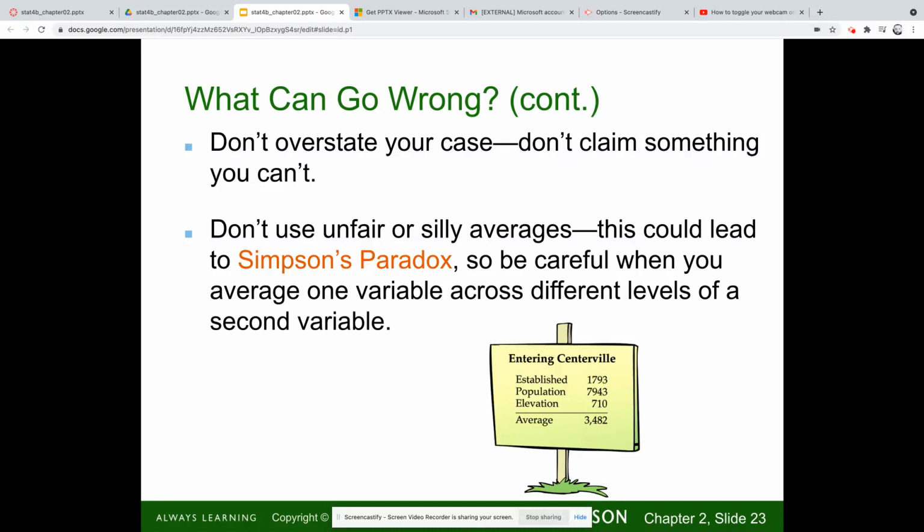Don't overstate your case. Don't claim something that you can't. The truth is you're just collecting data and representing the data in a way that makes it simpler and easier to understand, but you can't imply anything, right? I mean, you can, but you don't have to.